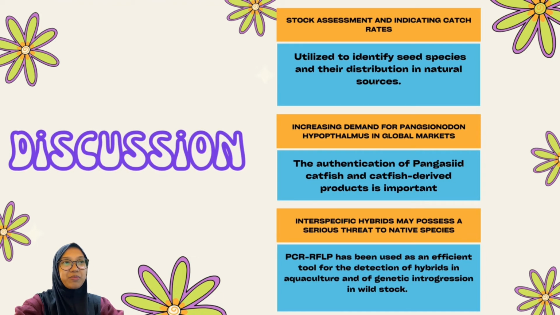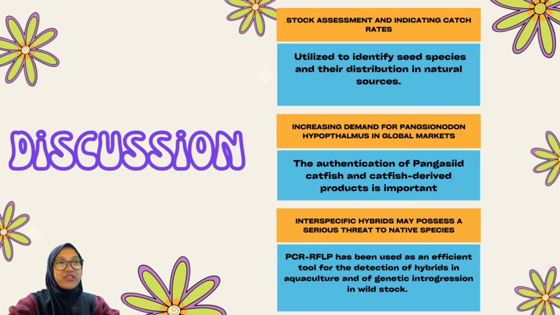PCR-RFLP markers have been used to identify adults and egg or larvae for stock assessment and indicating catch rates. So, the species diagnostic PCR-RFLP patterns can be utilized to identify seed species and their distribution in natural sources.